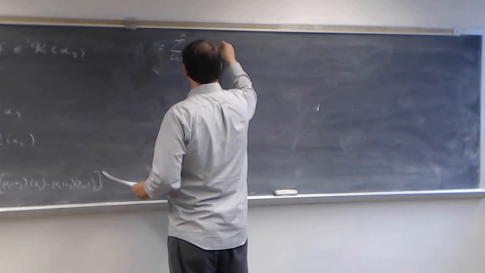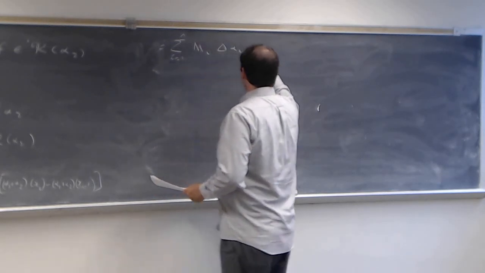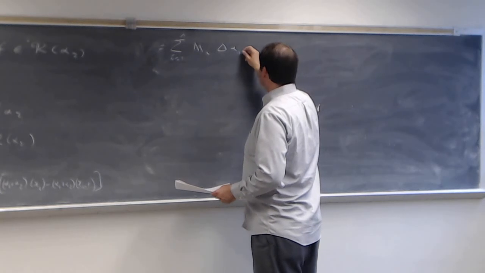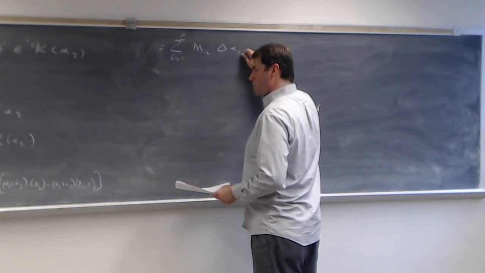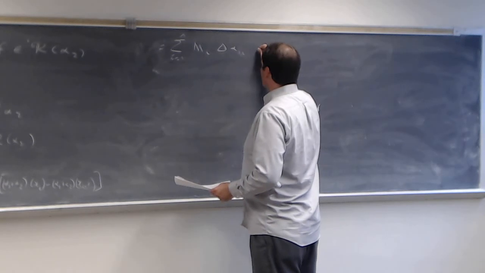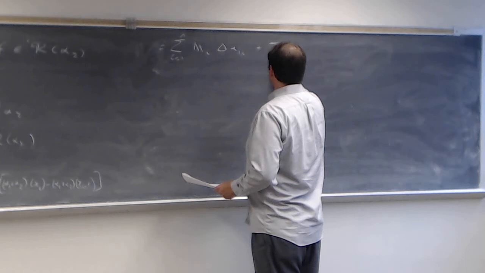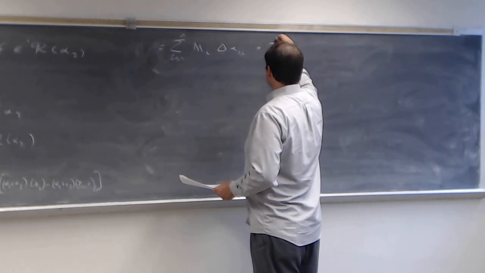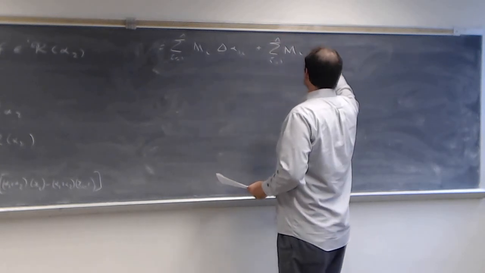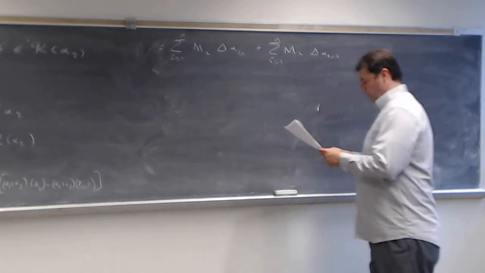So that's really the delta alpha sub 1, i, plus the sum of big M sub i, as i runs from 1 to n, of delta alpha sub 2, i. I'll write it that way.